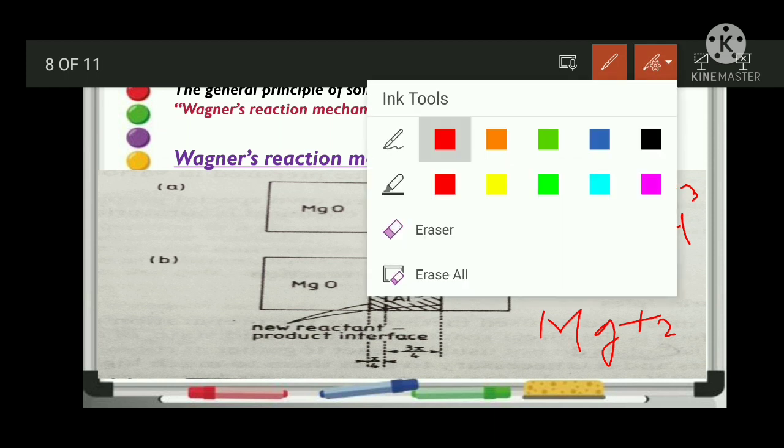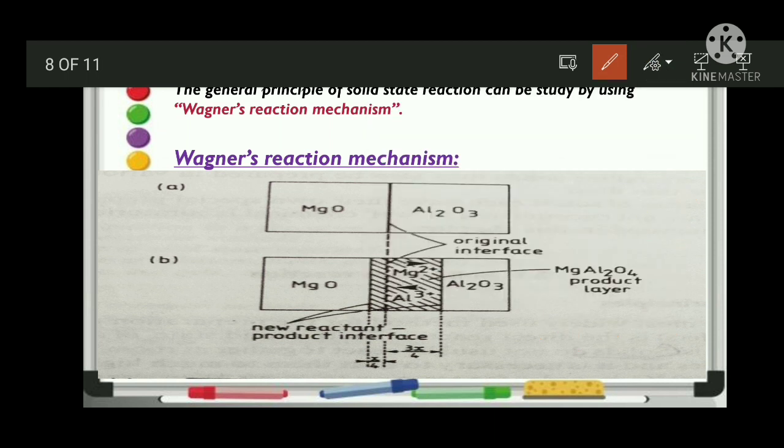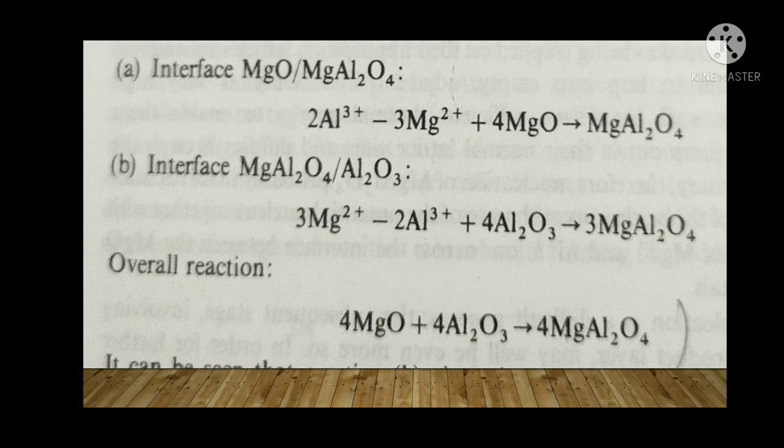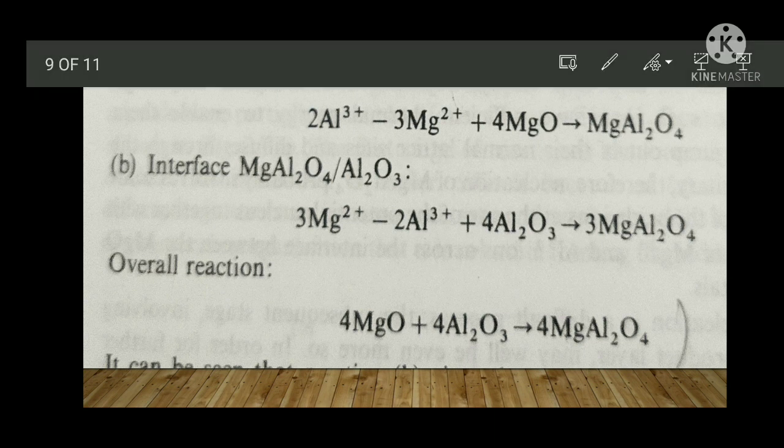To understand this Wagner reaction mechanism, we have to consider three reactions. On the left hand side, in the magnesium oxide layer, 2 aluminium 3+ ions and 3 magnesium 2+ ions react with 4 magnesium oxide, and we form the product magnesium aluminium oxide.